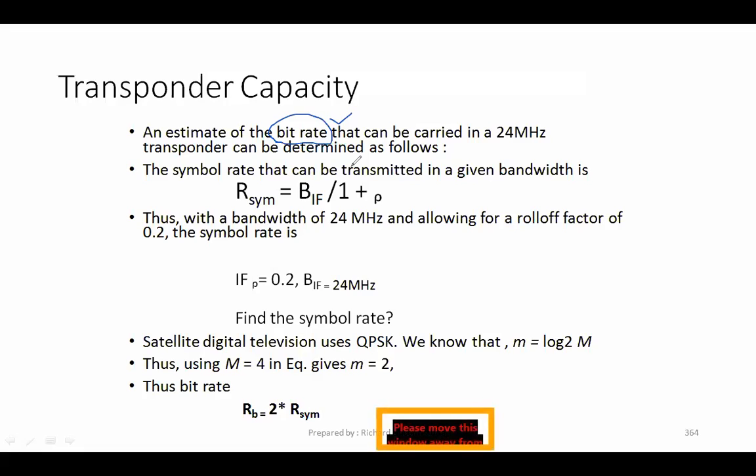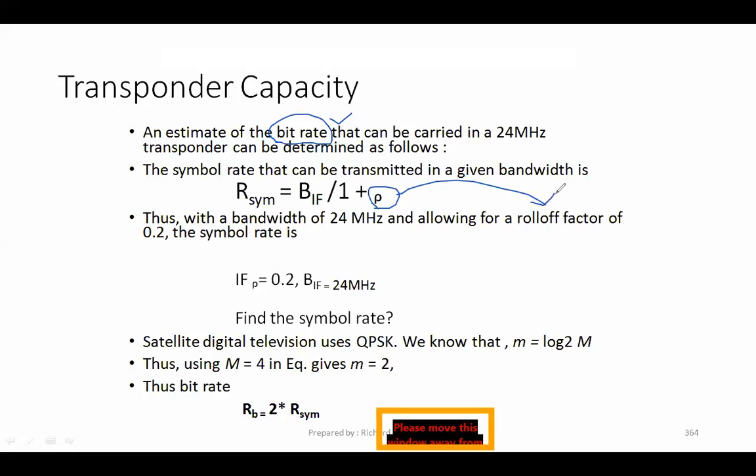So if I have to find out the bit rate of my system, of my transponder, then I'll be using this formula, which is R_sym, the symbol rate, equal to B_IF, which is nothing but your intermediate frequency bandwidth, divided by 1 plus rho. So the bandwidth of 24 megahertz, and we have a roll-off factor. Okay, so this rho is nothing but your roll-off factor.